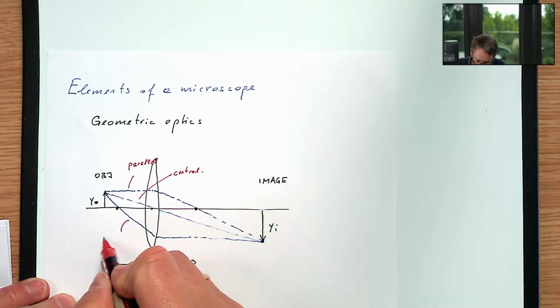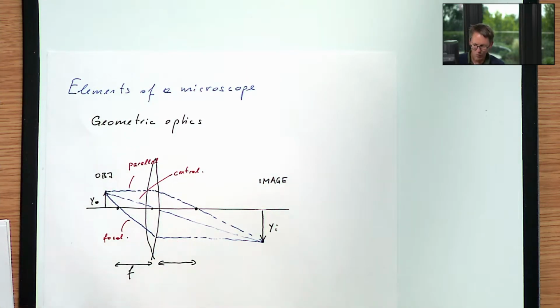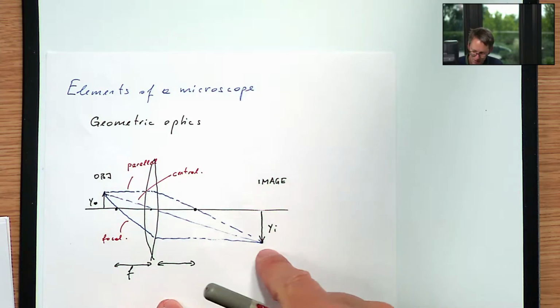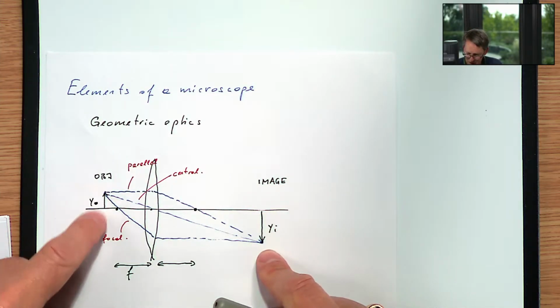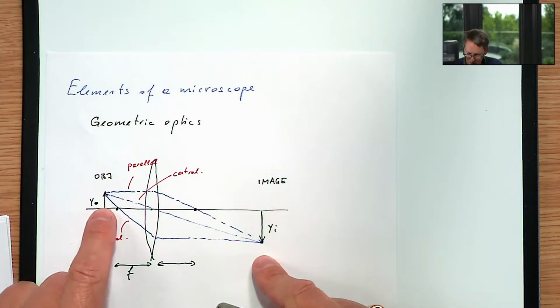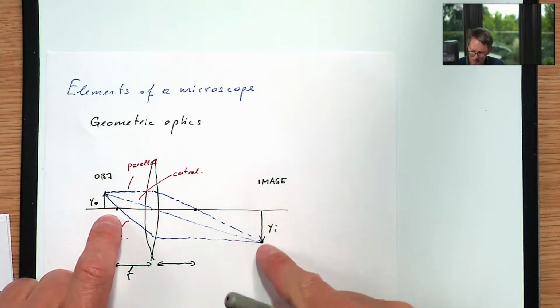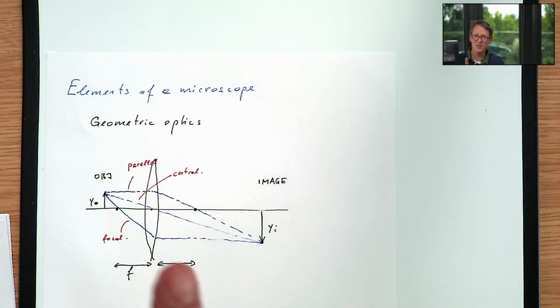So with that you can see what you get is an image. This image here is called a real and inverted image because it is inverted. So if this is a positive distance, y0, then this becomes a negative distance, yi. So the image is inverted. So you start off with something like this, then the image will be inverted and magnified or demagnified, whatever it is.